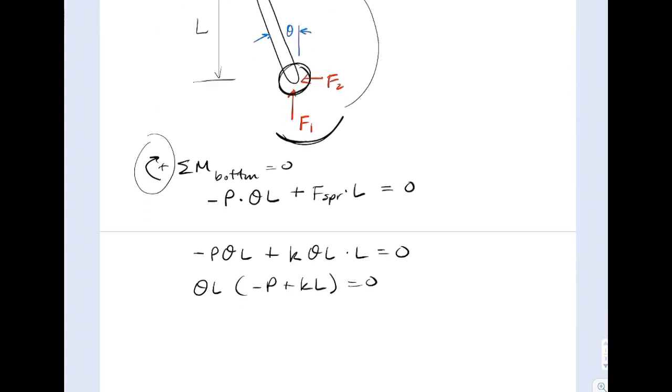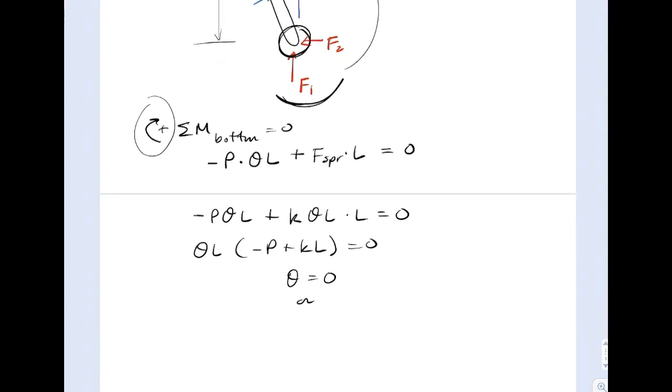So our conclusion would be that either theta equals 0, or the other term, minus P plus KL, has to equal 0, which would tell us that P equals KL.